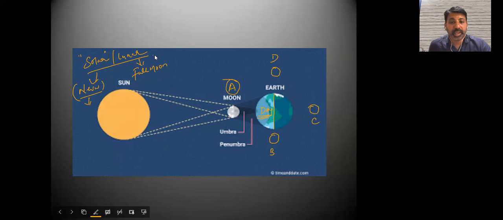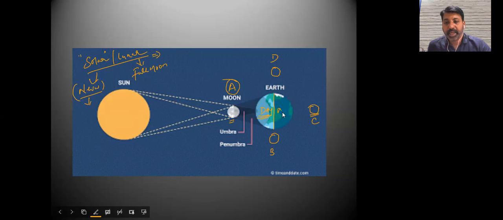And the lunar eclipse, normally we enjoy the full moon, and that moon will be covered by something. Okay, so here I told solar eclipse is happening because the moon is coming and hiding the sun. That is correct. But how is the lunar eclipse happening? Who hides the moon? Anybody?